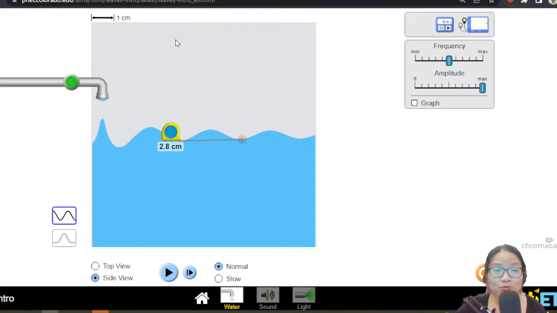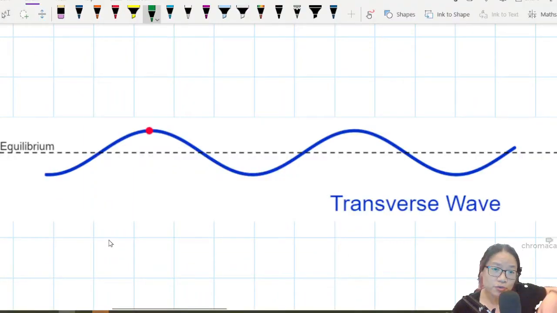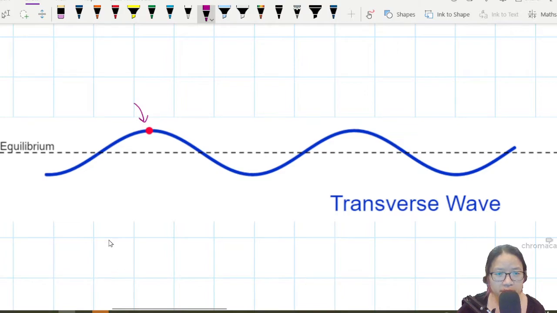So for transverse wave, it's pretty straightforward, and I'll label it now for you. If we are looking for wavelength, let's label the important points. This peak here is known as crest, so I will call this C. This is C. So for one wavelength, we can measure from crest to crest. Here to here is lambda, wavelength.